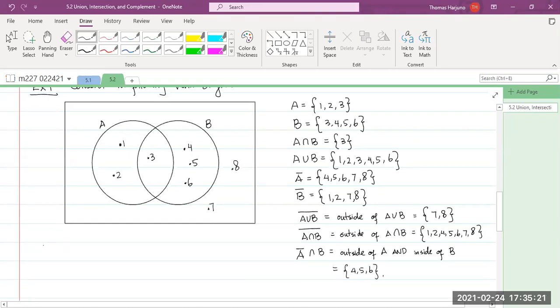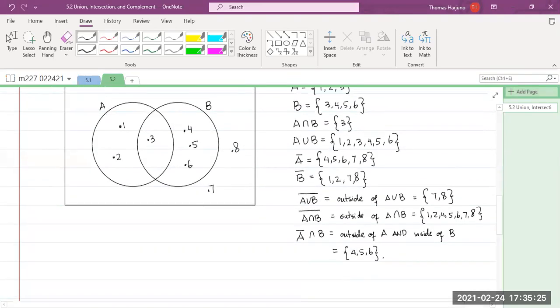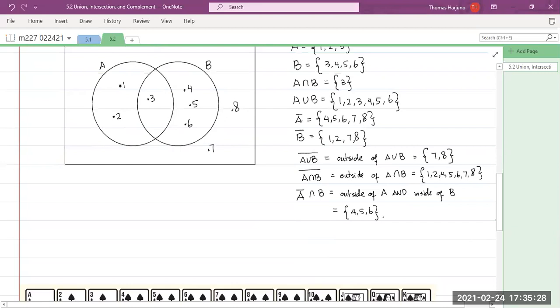Now, can you try? I do it this way. So how about A intersection, not B? You try this.